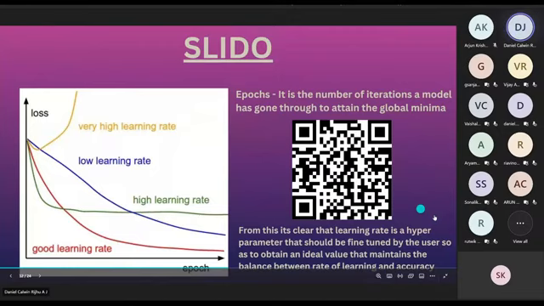But as I mentioned earlier, there is also a chance that the model will be oscillating between two extremities whenever the learning rate is high. So this is one of those cases, as you guys can see. After a certain point, the loss started stabilizing. So that is a consequence of this model oscillating about the minima.